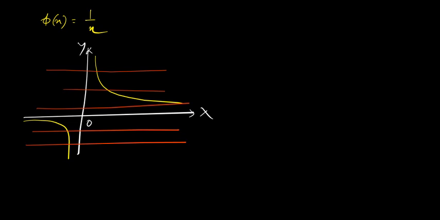If I draw infinitely many straight lines parallel to the x-axis, these lines cut this graph at most one point. That means phi x equal to 1 by x is one-one. Even the line coinciding with the x-axis does not cut this graph. So phi is one-one. Now I will check that phi is onto.